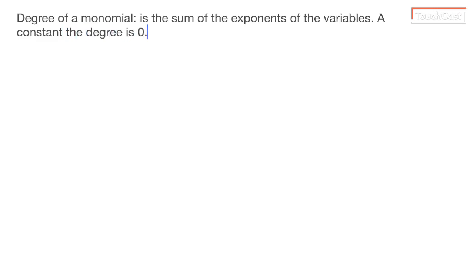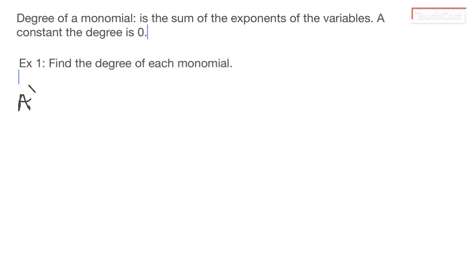So let's now look at our first actual example. What we're going to do is find the degree of the monomial. So example 1, find the degree of each monomial. With our first problem, example 1a, we're going to have negative 2a to the power of 2, b to the power of 4.